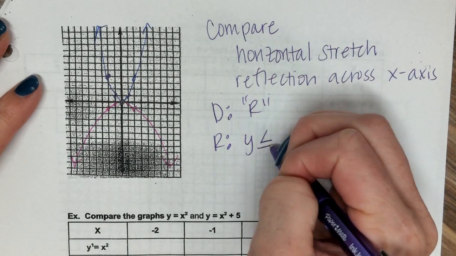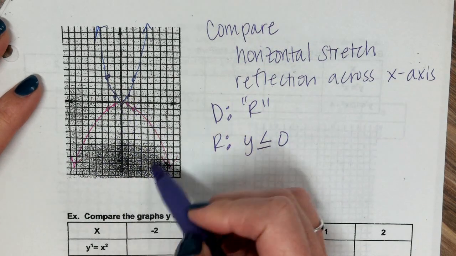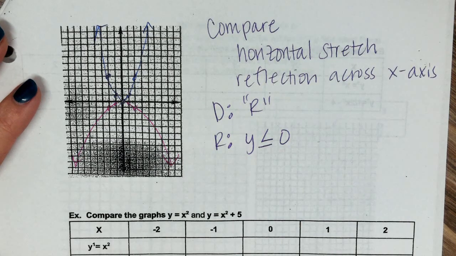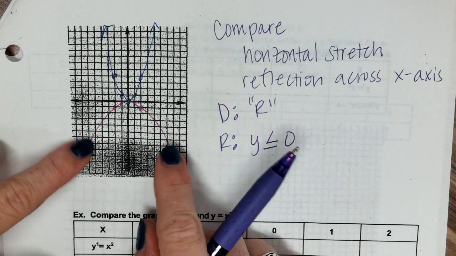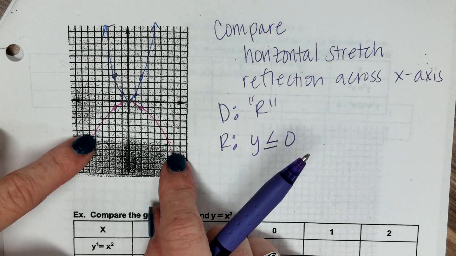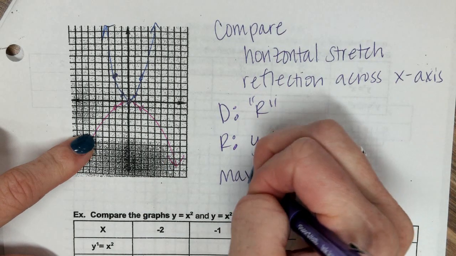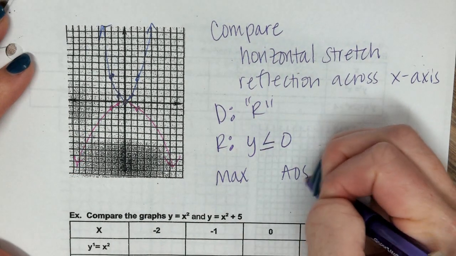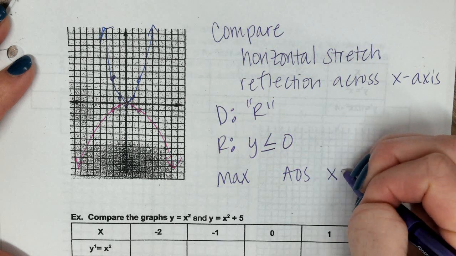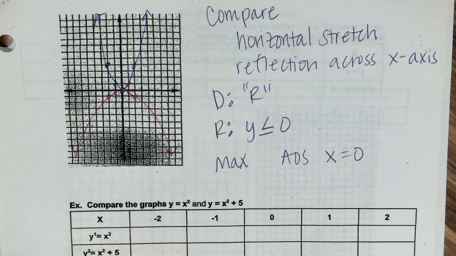Y is less than or equal to 0 because it's going below the 0. Does it have a minimum or maximum? We're only looking at my pink one. It has a maximum. And what is the axis of symmetry? X equals 0. Don't say 0, say x equals 0, because it is a vertical line passing through the x-axis. You want the equation.